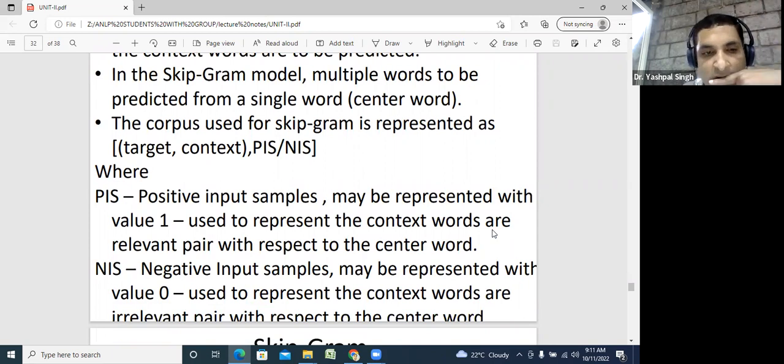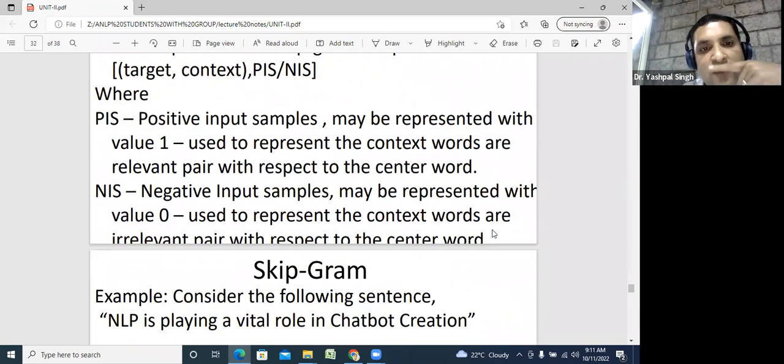NIS are the negative input samples, and for negative input samples we use negative values, and this representation continues.